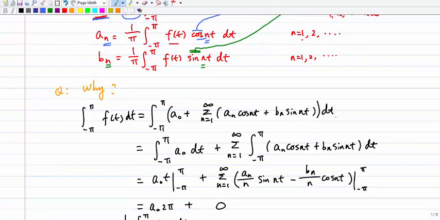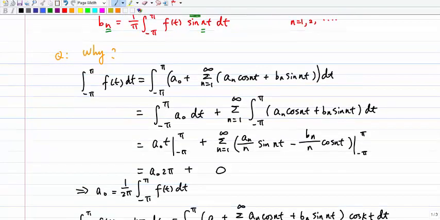Then we can split it. Because a0 is a constant, it's the integration from negative pi to pi of a0 dt. We can move the summation outside because summation and integration can swap. Inside will be the integration from negative pi to pi of an cosine nt plus bn sine nt dt.